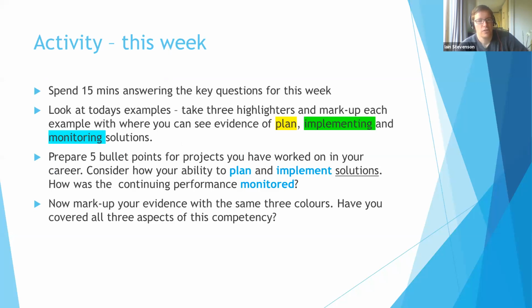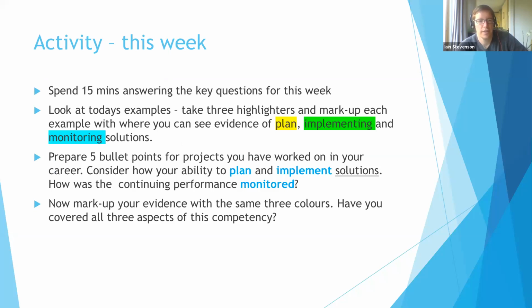So as I mentioned, I've done a little bit of this for you, but it's probably a very good idea to go back and look at these examples and highlight them, as Jack explained last week. Take 3 highlighters and mark up examples where you see plan, implement, and monitor within those examples.